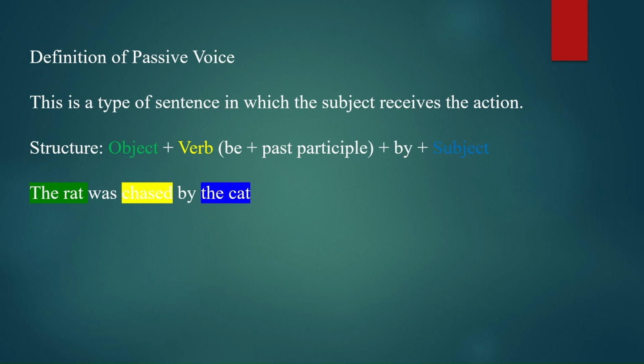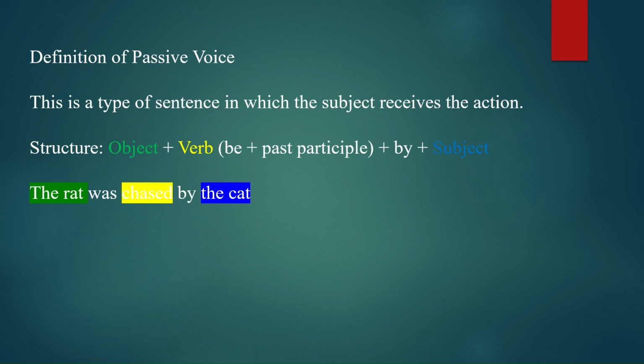Here, you will see that we are starting with the object, then followed by a verb with be plus past participle, followed by "by", and lastly the subject.